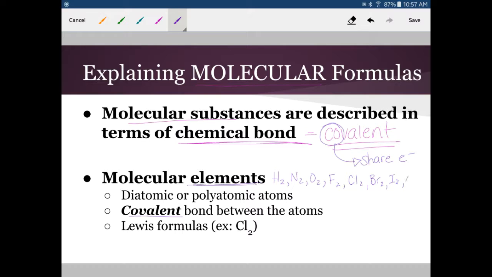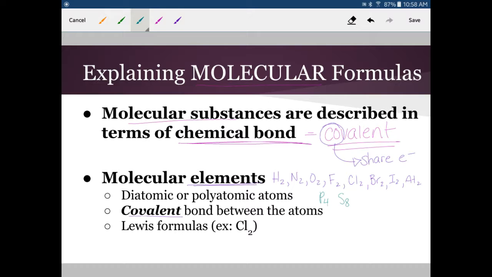So we have our molecular elements. Basically, it's HNO and our halogens that are our diatomics. As our polyatomics, we have P4, which is phosphorus, and S8, which is sulfur.